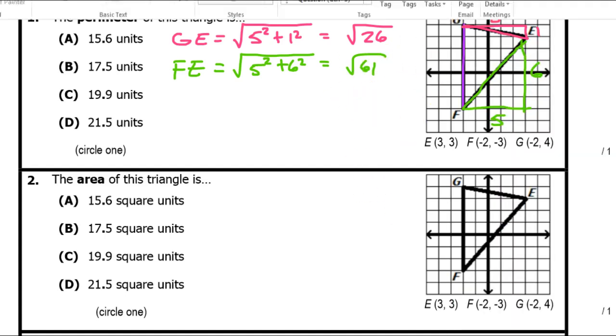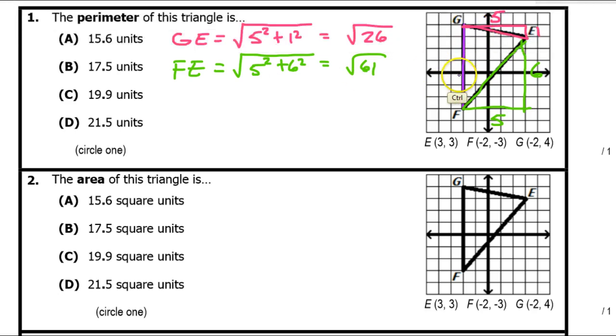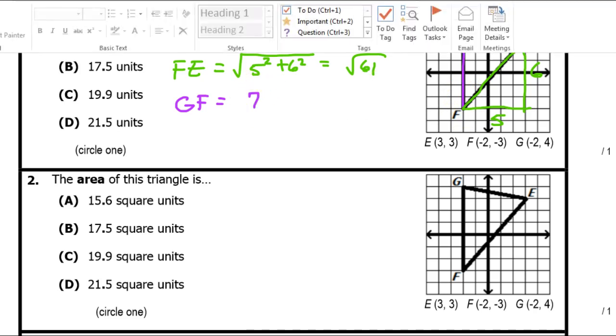And then finally, we've got the length of GF, which is vertical, so I can just count that. I can see that the length is 7. Okay, so for the perimeter, I'm just going to add these up.